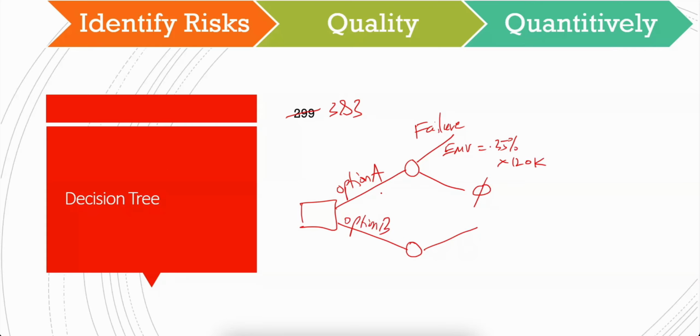On option B, if a failure happens, the EMV is 0.7, probability, times the impact of 450,000. Whatever the number is, that's your EMV for this. And if the failure doesn't happen, zero cost.